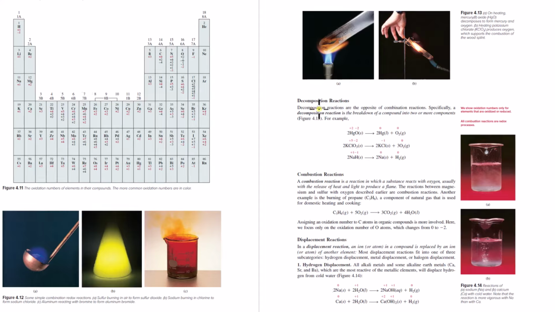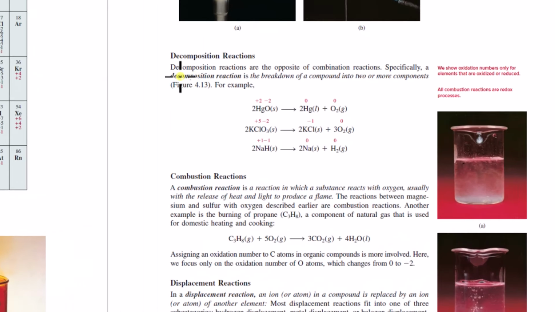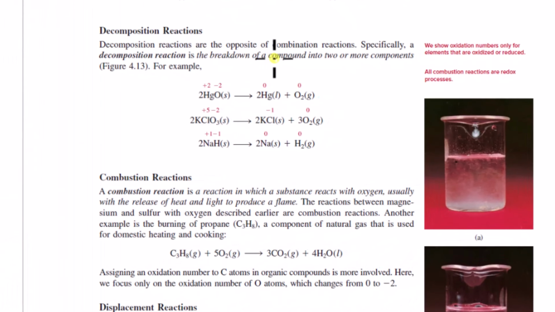Okay, next we have decomposition reactions. Decomposition reactions are the opposite of combination reactions. Specifically, a decomposition reaction is the breakdown of a compound into 2 or more components. So with a decomposition reaction, you're starting with a single compound on the reactant side, and that compound is breaking up into 2 or more products on the product side.